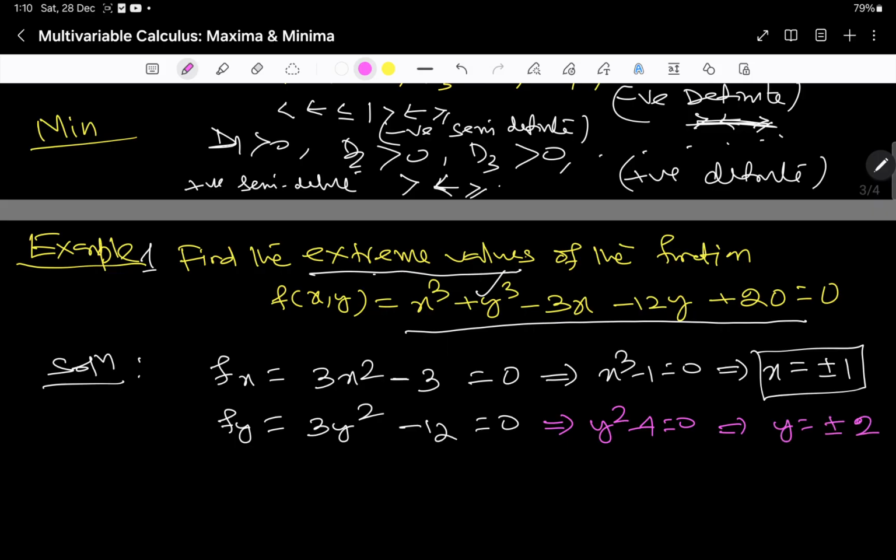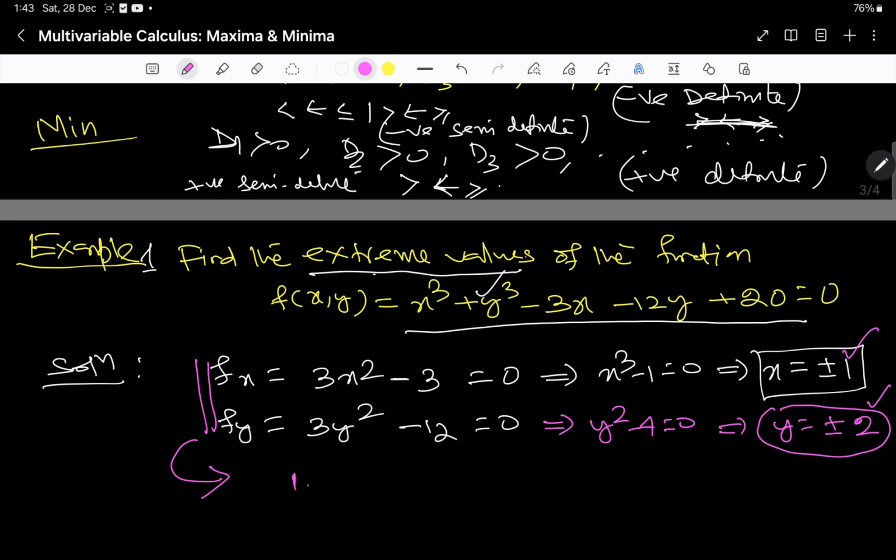Since we are solving these two simultaneously, we consider the points simultaneously. So what are the stationary points?